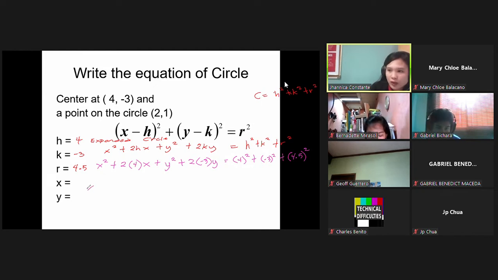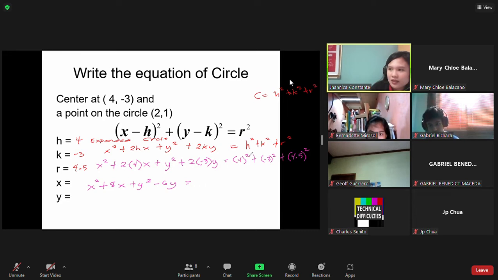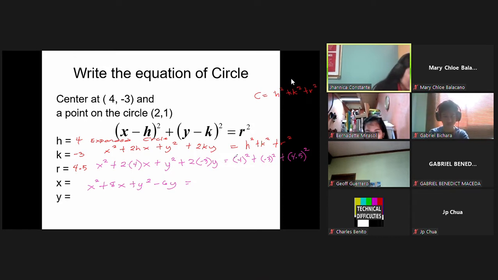So x squared plus 2 times 4, which is equal to 8x, plus y squared, 2 times negative 3, which is equal to negative 6y, equals 4 squared, which is equal to 16. 16 plus 9, which is equal to 25. 25 plus 4.5 squared, which is equal to 20.25.